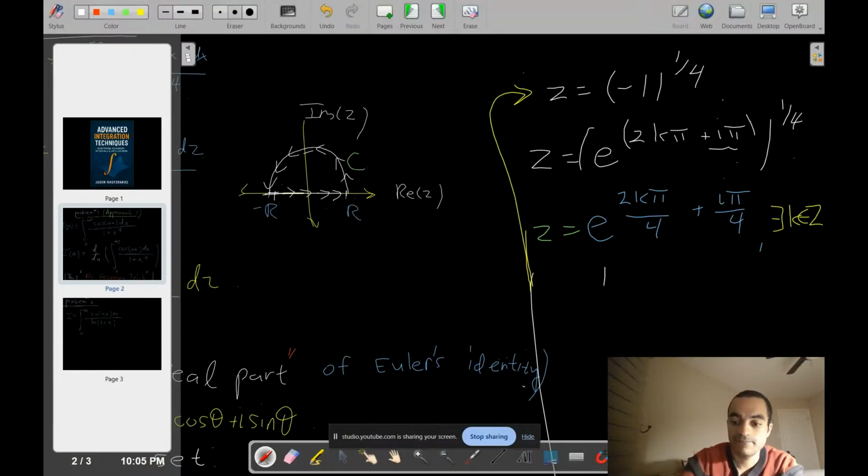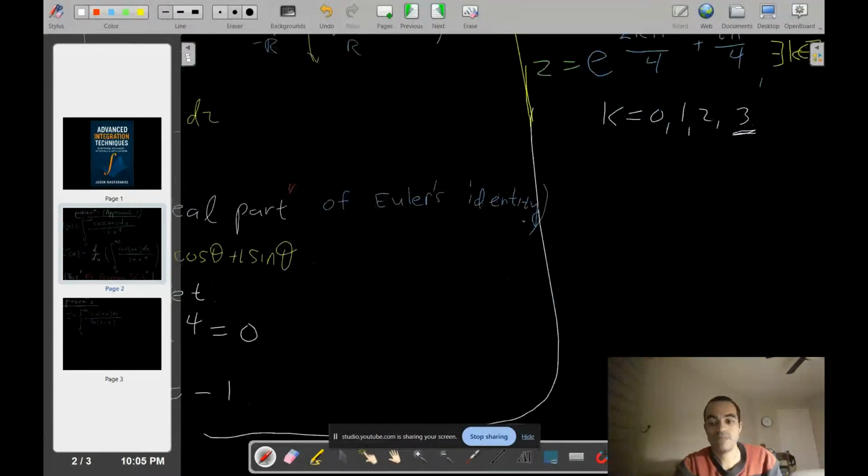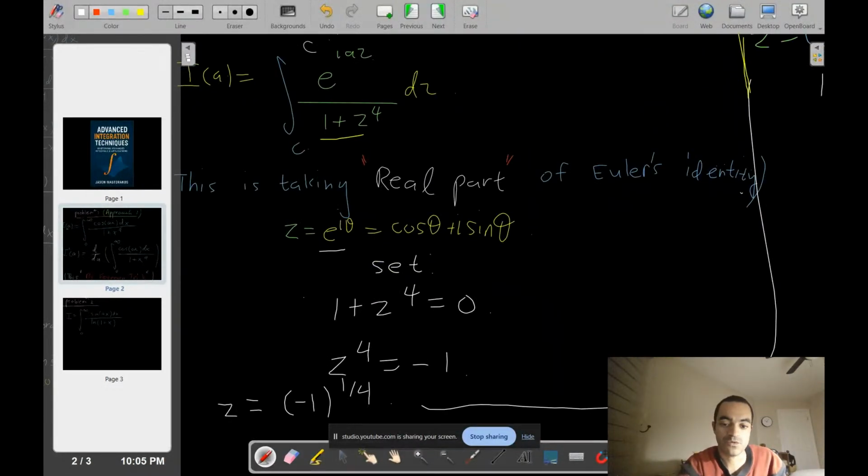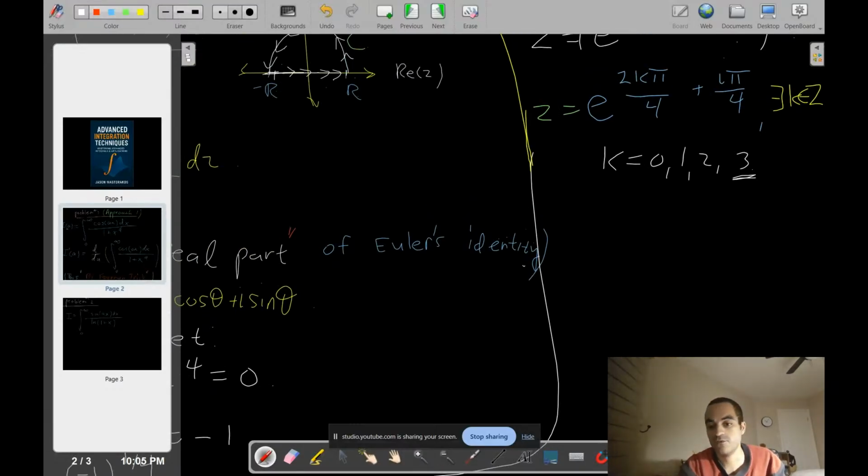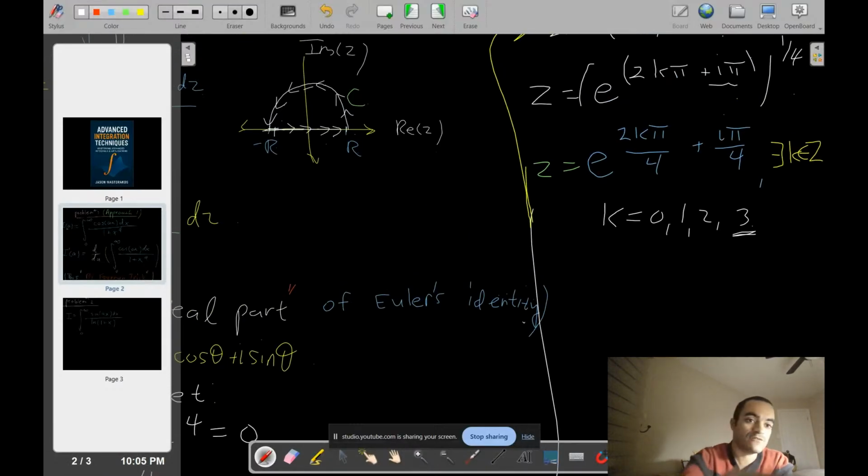Again, the maximum is 3. It has to be n minus 1 of the original exponent. So if n is 4, it's going to be 3. And then start evaluating at each k value. So let's start case 1, at k equals 0.